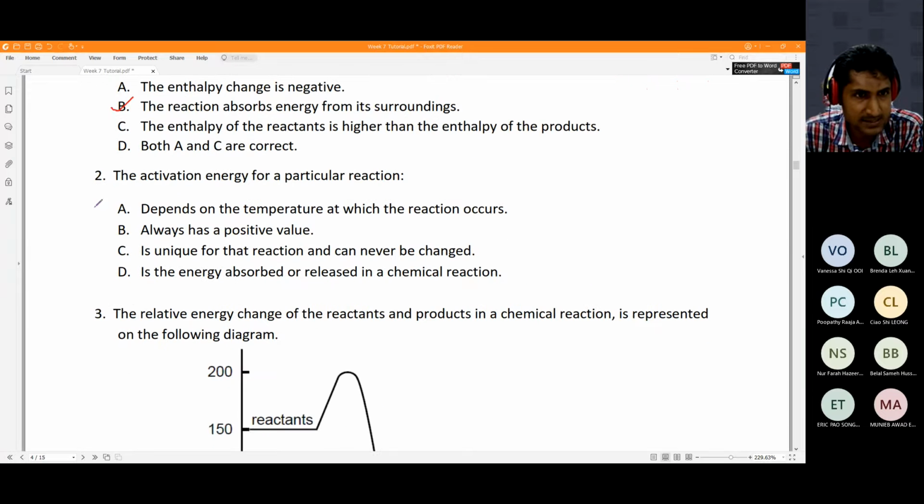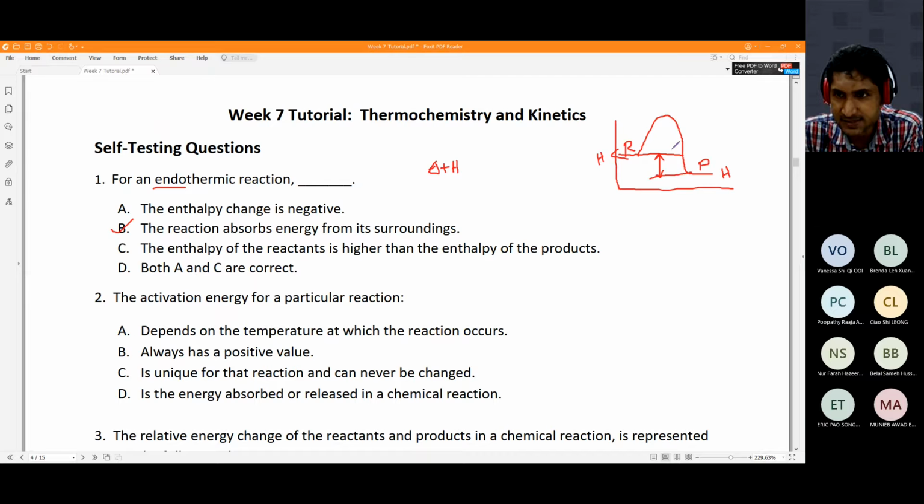Question number 2 says the activation energy of a particular reaction depends on the temperature at which the reaction occurs. That means the activation energy is this part, right? This is the activation energy, denoted by EA.